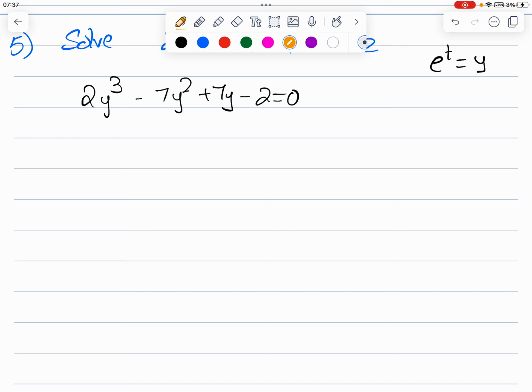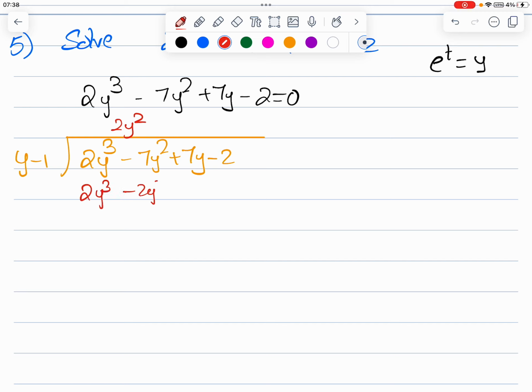So what am I doing? I am taking 2y³ − 7y² + 7y − 2 and dividing by y − 1. I'll try dividing with y − 1. If it is not divisible, then I'll try with y + 1. So y should be multiplied with 2y² to get 2y³ − 2y².